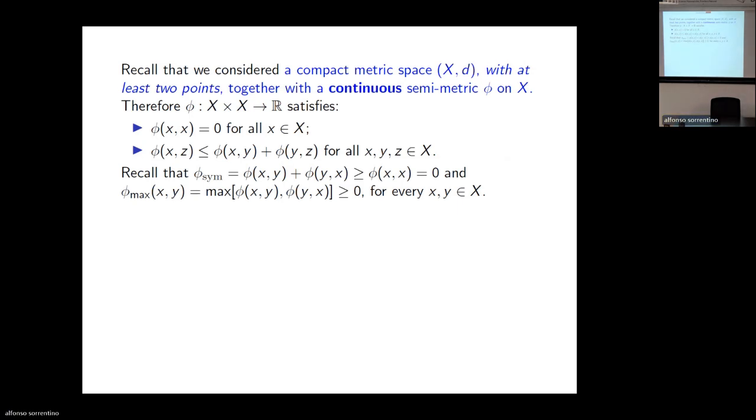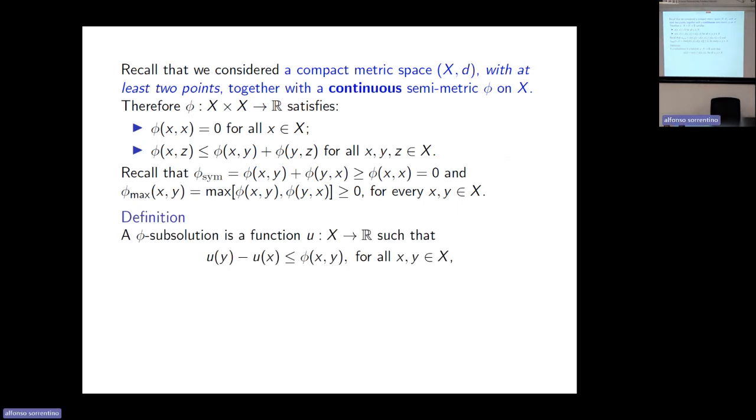And it's also, of course, a semi-metric. And phi max, which is the maximum of phi yx and phi xy, is also non-negative because the sum is not negative. Okay. And again, now these are two continuous semi-metrics which are non-negative.